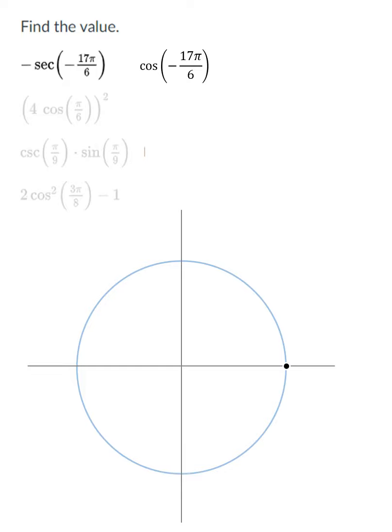Look at the diagram. Here's 0. Here's negative pi over 6. And if we continue to count by pi over 6 multiples, that would be negative 2 pi over 6, negative 3 pi over 6, etc. There's negative 6 pi over 6, which is equivalent to negative pi, negative 7 pi over 6, and so on. Let's continue to count.